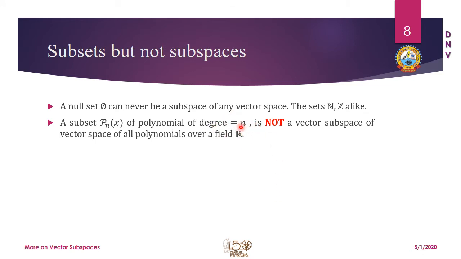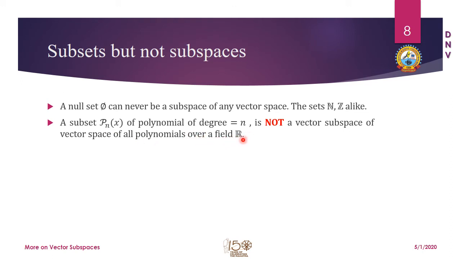So the degree is reduced and there is no term of x power 3 in the sum of two members, and hence the second criterion is not satisfied by this set, and therefore it cannot be called a subspace, but it is a subset of the set of all polynomials over the field R.